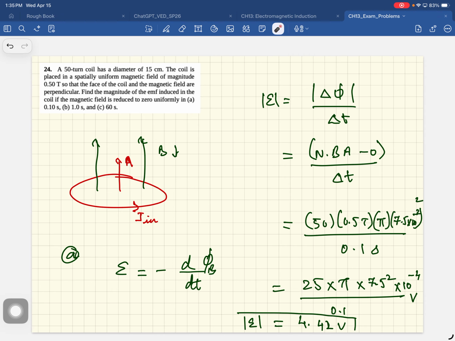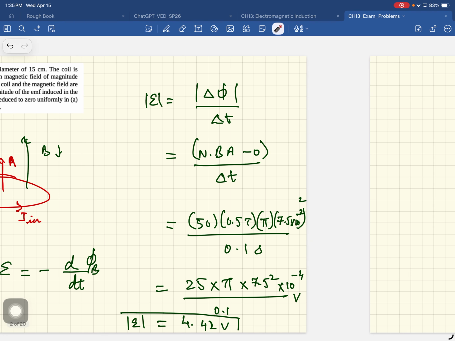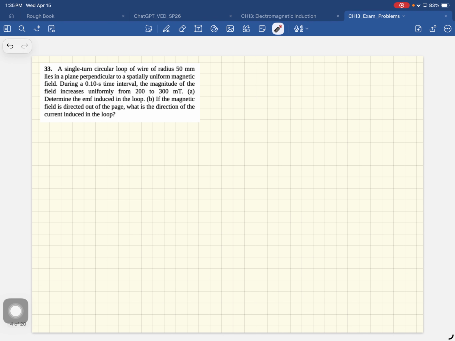Since the flux in this direction is decreasing, you have to produce more flux in this direction, so the current has to be like that. Use your right hand: point your fingers in the direction of the current, and your thumb points in the direction of the magnetic field. So the induced current is in that direction.